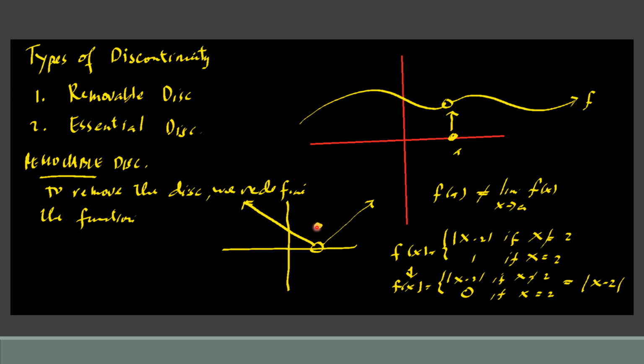Again, we can remove the discontinuity by moving this point (2, 1) to (2, 0) to fill up the space here. The open circle here can be closed by plugging in the point. So we just redefine the function to make the function continuous at that number 2.